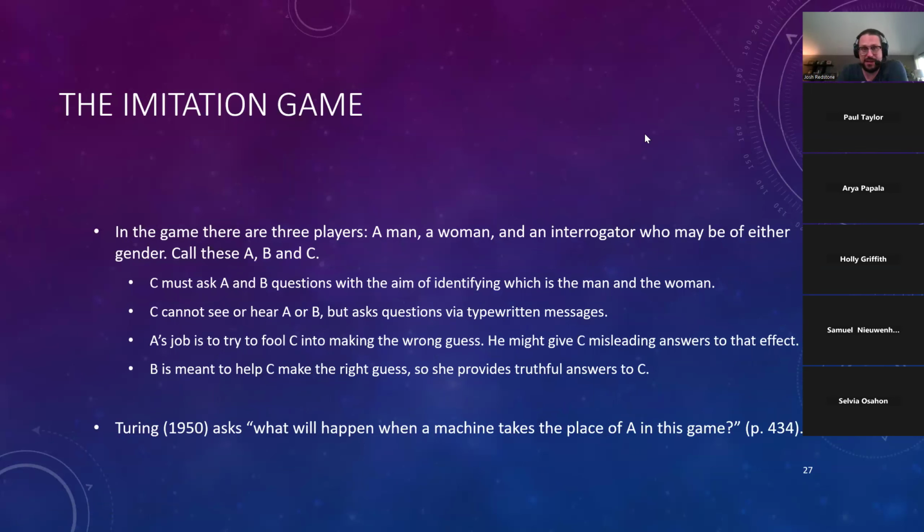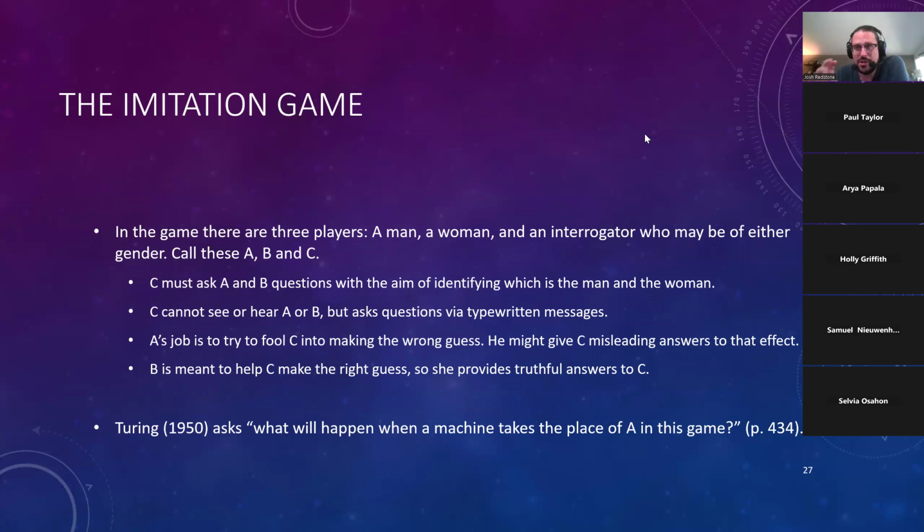This is the original formulation of the game. There were actually three players, a man, a woman, and an interrogator. And C, the interrogator, is asking questions of A and B, the man and the woman. And C is trying to identify who is the man and who's the woman based on the answers of A and B. A is the man, but he's trying to fool C into making the wrong guess. B is the woman, and she is trying to help C make the right guess.